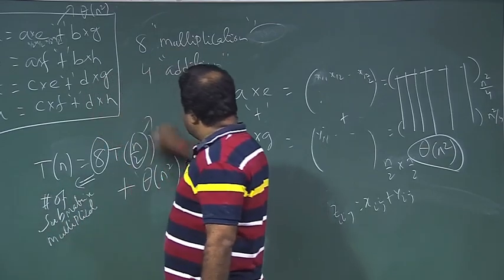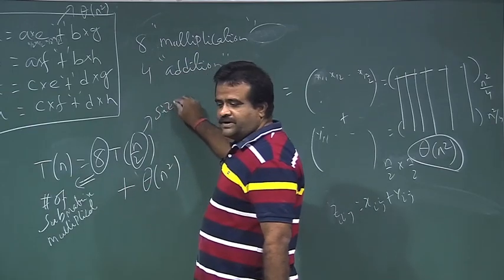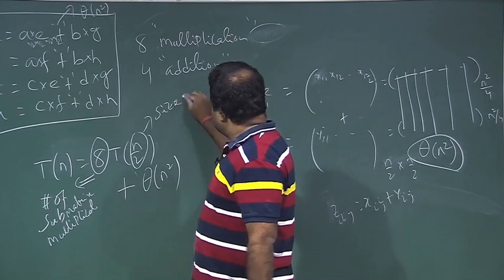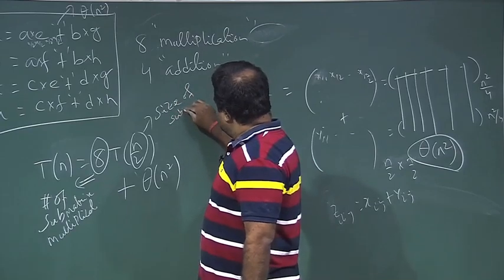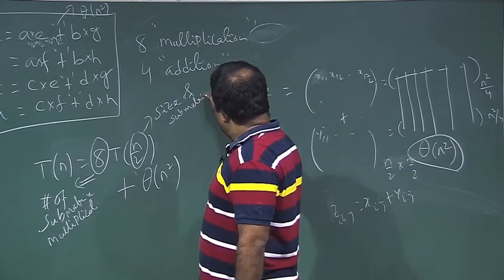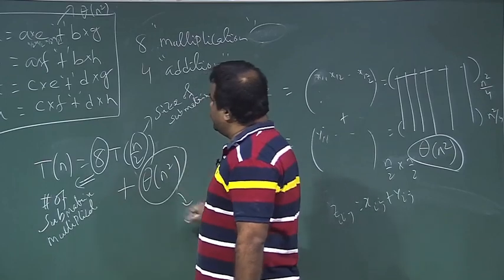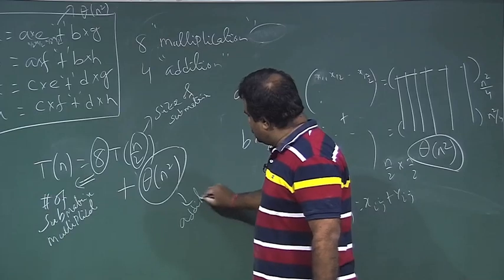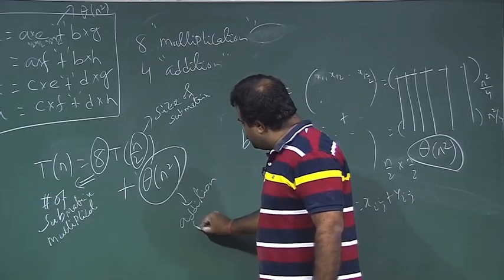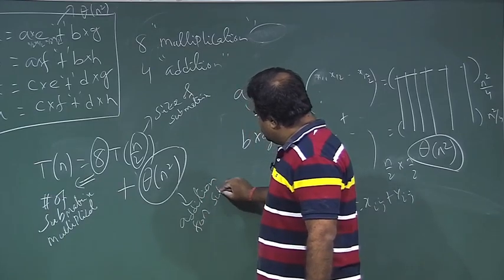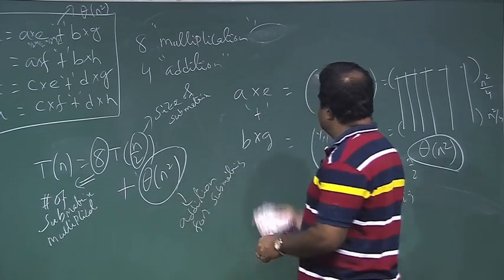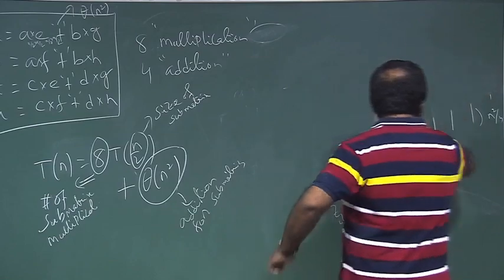This is the size of the submatrices, reduced to n by 2 cross n by 2. And this is the cost for combining, the addition for submatrices. So, this is the recurrence we have for this divide and conquer technique.